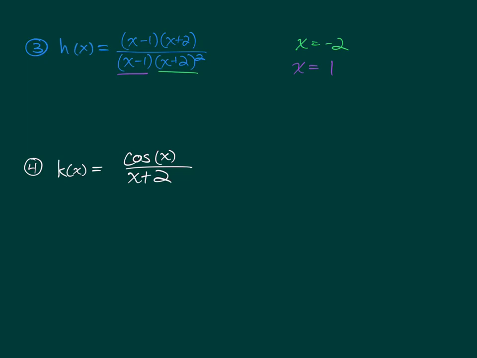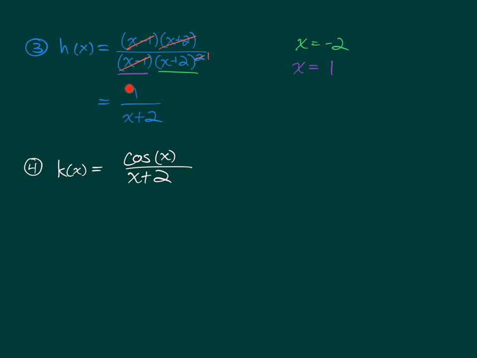You can see that the factors of x minus 1 reduce away, and there's also a factor of x plus 2 that reduces away, but we're still left with an x plus 2 in the denominator. So when all is said and done, this function becomes 1 over x plus 2.